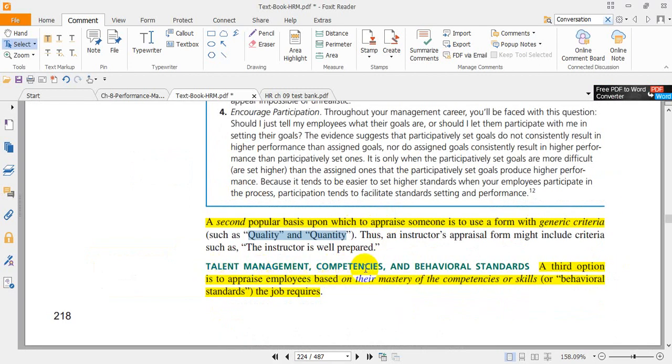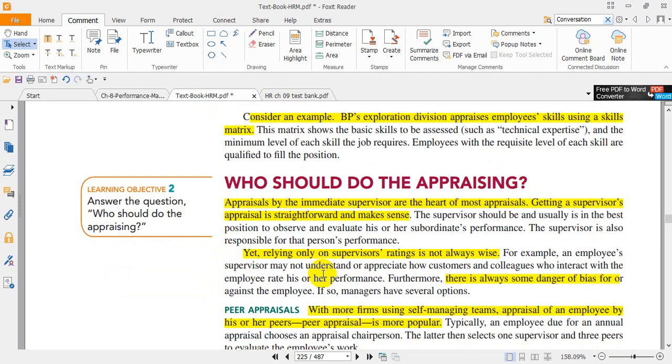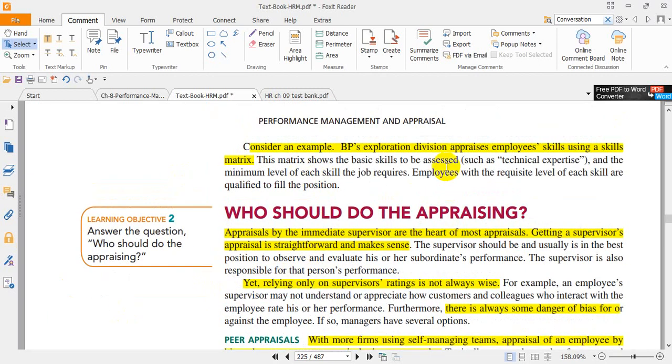Thirdly, talent management competencies and behavioral standards. A third option is to appraise employees based on their mastery of the competencies or skills, or you can call them behavioral standards, the job requires. Consider an example. Some companies appraise employees' skills using a skill matrix. This matrix shows the basic skills to be assessed, such as technical expertise, and the minimum level of each skill the job requires.